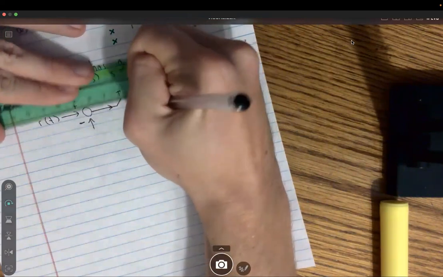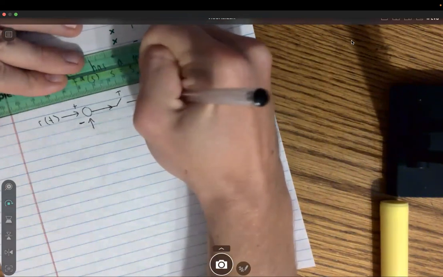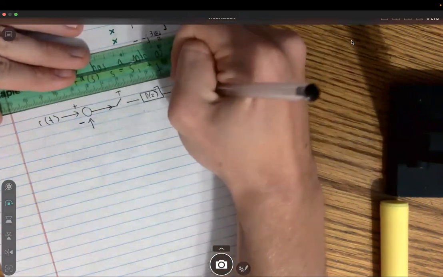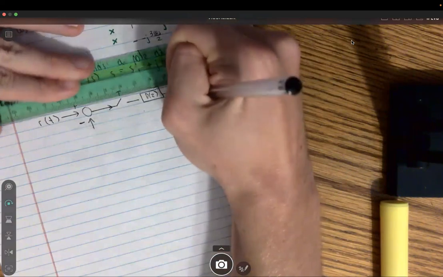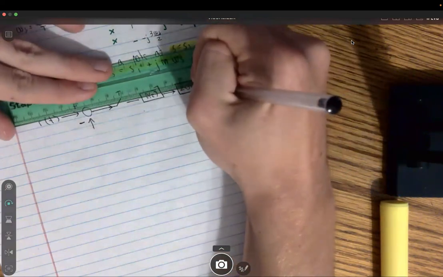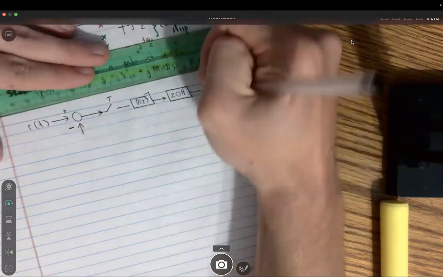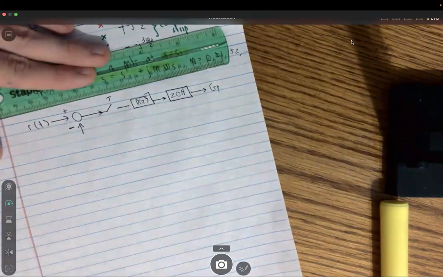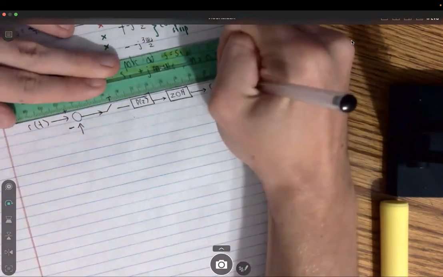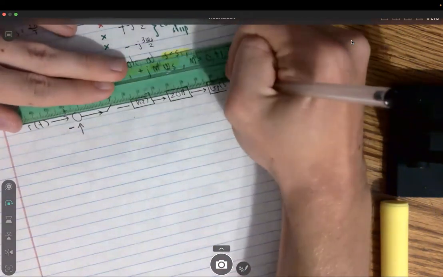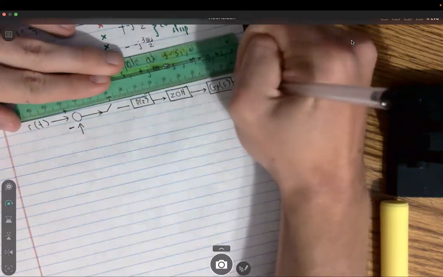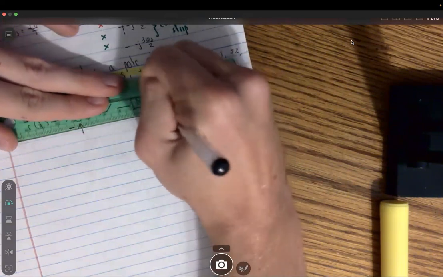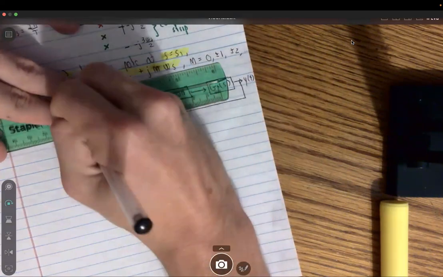And then it goes through our digital controller, a lot of times represented by D of Z. And then it has to be converted back to the continuous domain, and so we oftentimes use a zero order hold here. It holds the signal to make it continuous at the output so that it can go through our plant function. Our plant is often GP of S, and then it can produce our output Y of t. And then our continuous system, often represented by H of S here, gets fed back here.